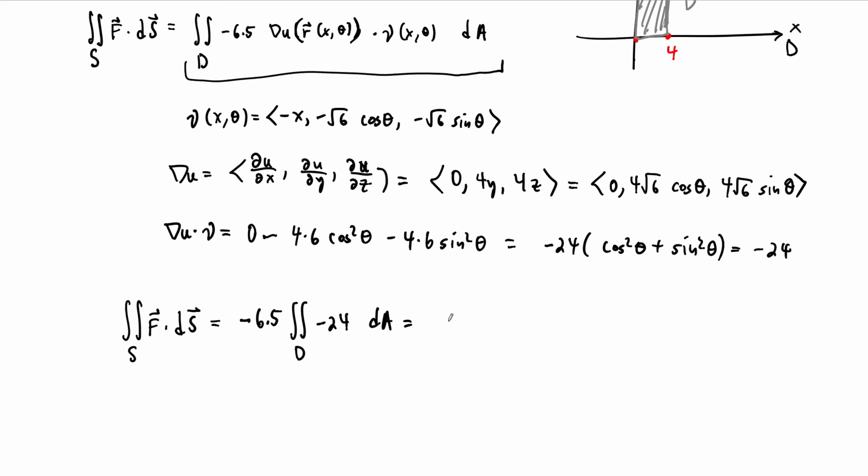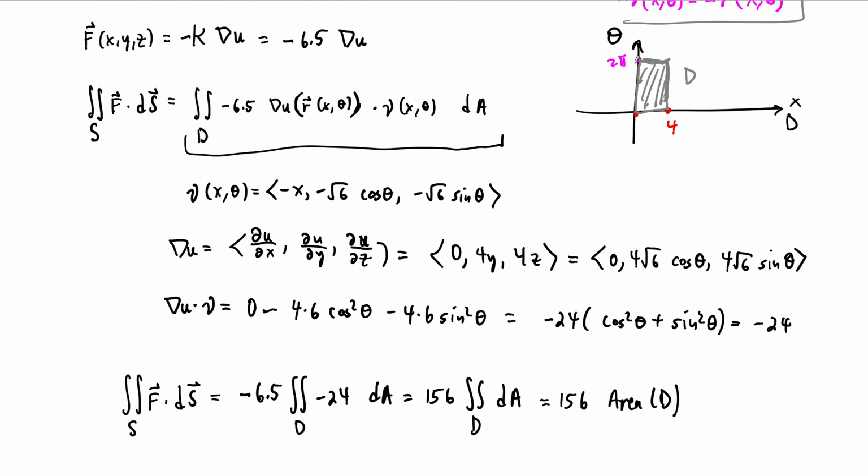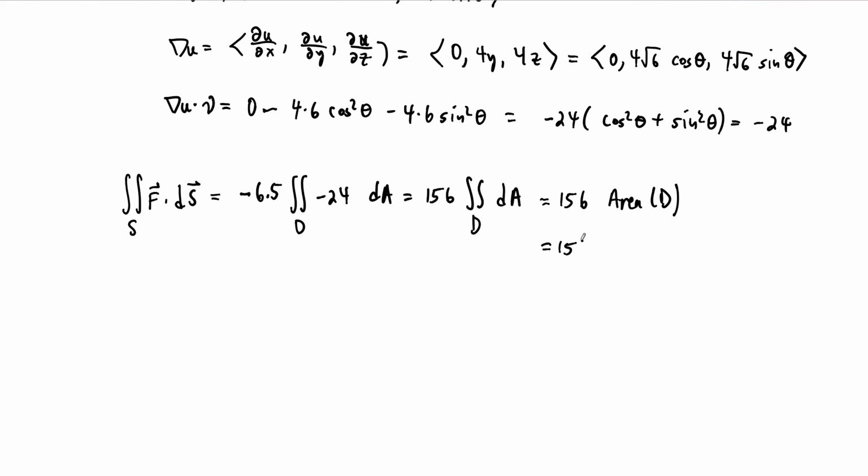All right, we can take this out, and this is going to be equal to positive 156 times the double integral over D of dA, but this is just 156 times the area of, now we have to be a little bit careful here, the region D in the parameter domain, and that's of course just 4 times 2 pi, so that's 8 pi. And so this is 156 times 8 pi, and that is 1248 pi. And so there's the heat flow across this cylinder in the inward oriented direction.